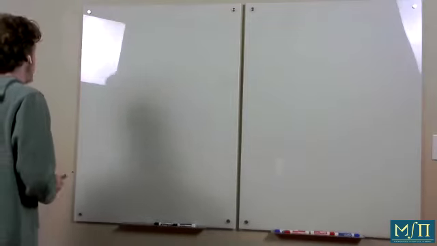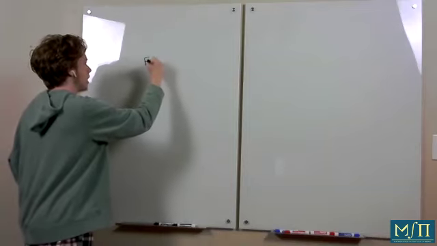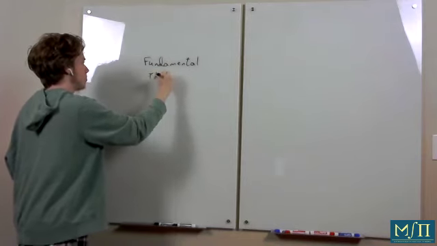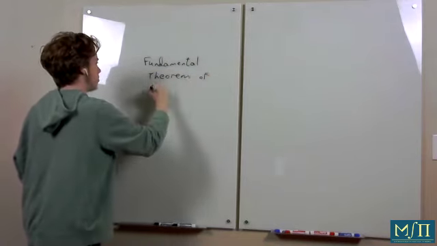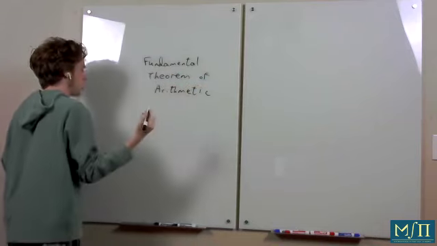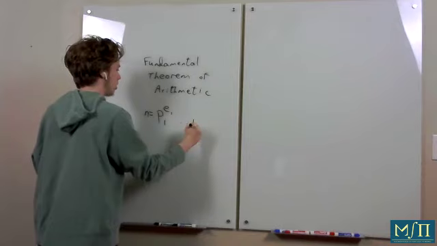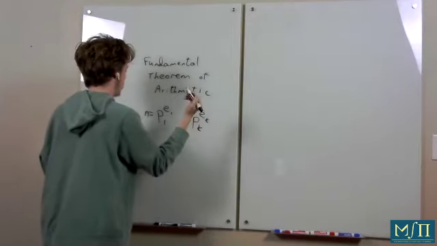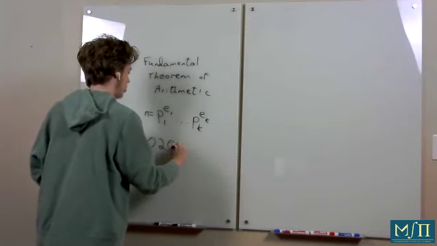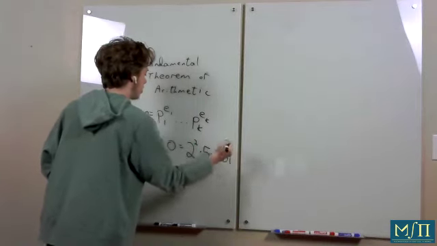Primes are particularly important because of a result you probably already know, the fundamental theorem of arithmetic, which tells you that any positive integer has a prime factorization in a unique way. For example, 2020 is 2 squared times 5 times 101.